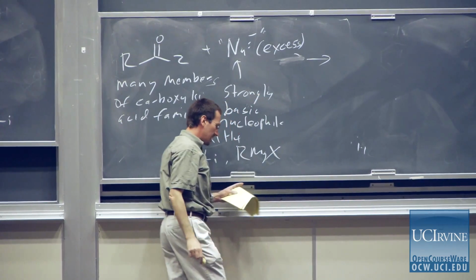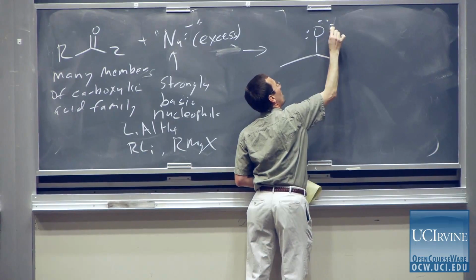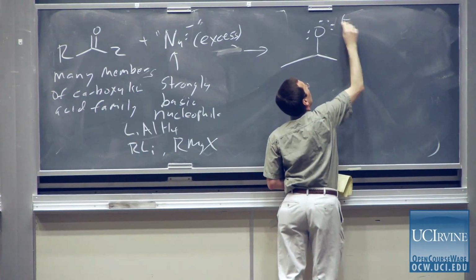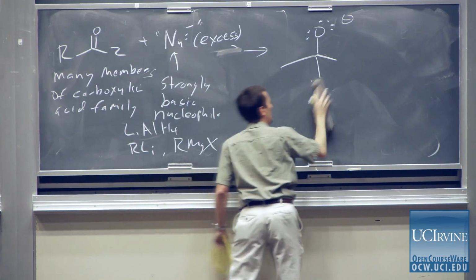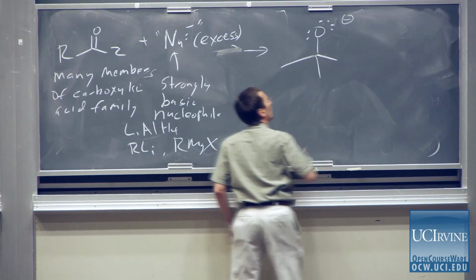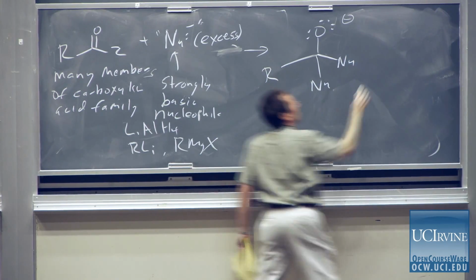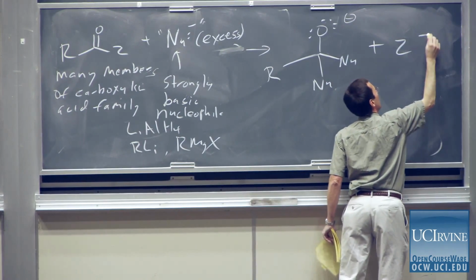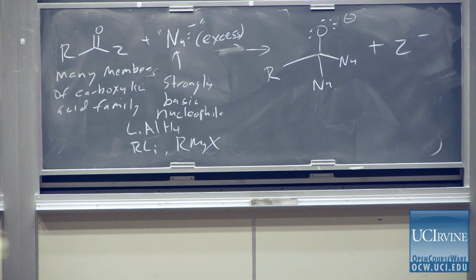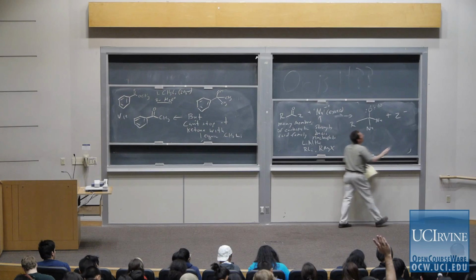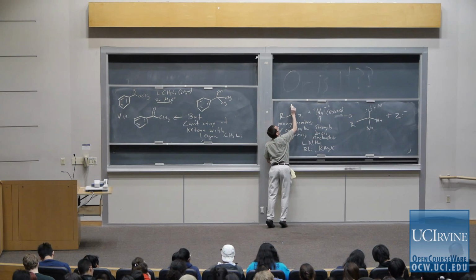When you have excess, in general, you're going to observe addition of two equivalents of your nucleophile, which I guess I've written as Nu, plus Z minus. So that would sort of be the biggest abstraction. And I guess I'll try to be good and keep my electrons in check. So I'll write a balanced lone pair.